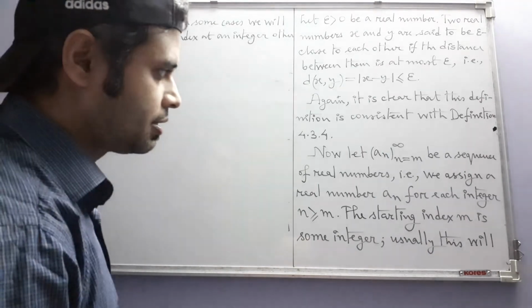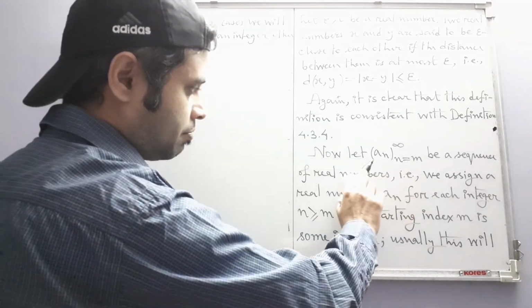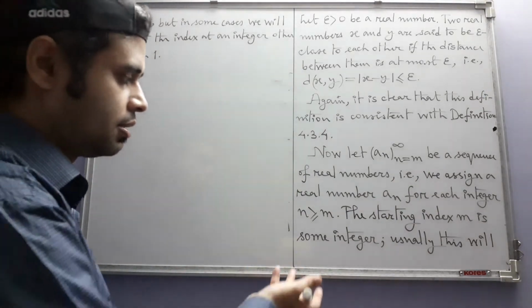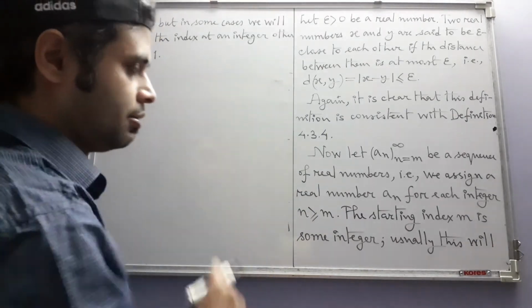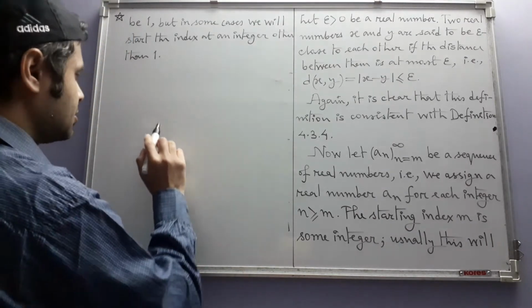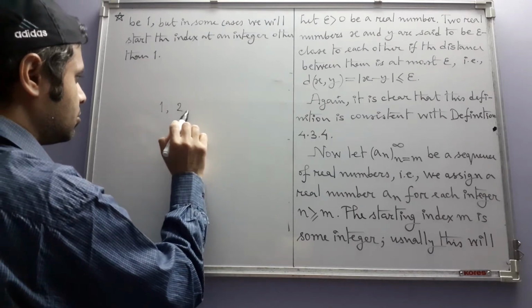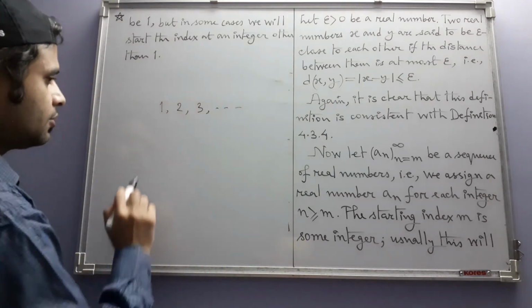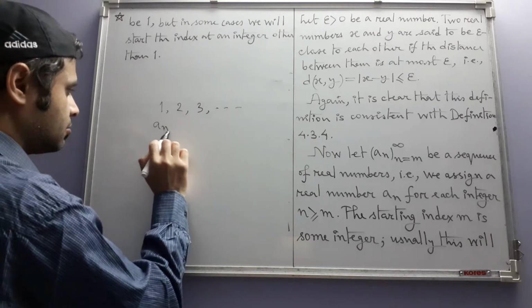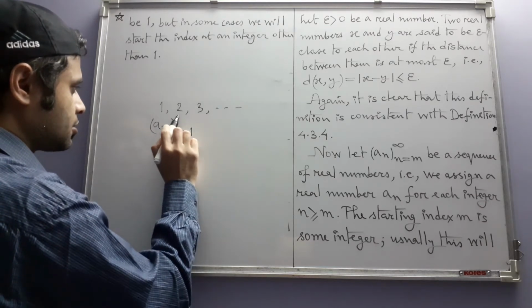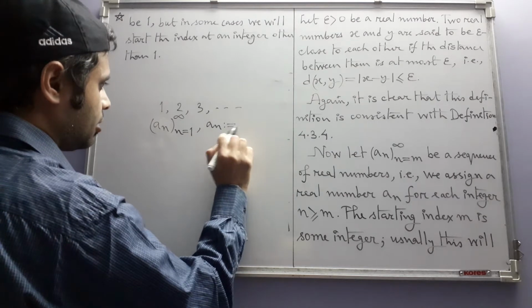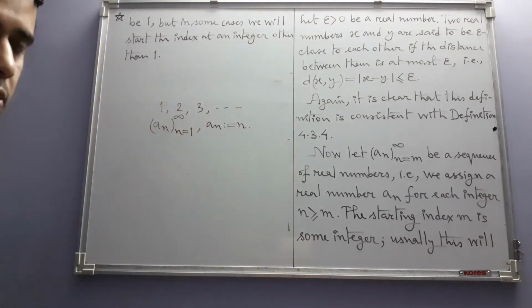We will see at one stage that if we use a different starting point from the conventional starting point of 1, then strictly speaking we get something different. If for example you have a sequence like 1, 2, 3, etc., and you denote this sequence by an, where you start n from 1, and your definition is an equal to n, then clearly this is the sequence.